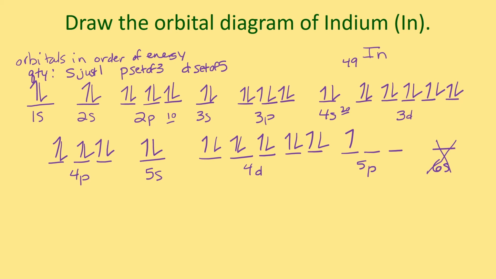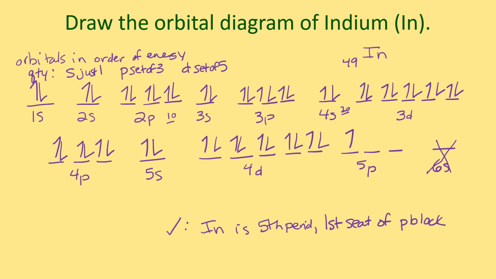So to check this out, notice that I can use the periodic table and the blocks on the periodic table. Indium on the periodic table is in the 5th period. And it's in the first seat to the left of the p block.